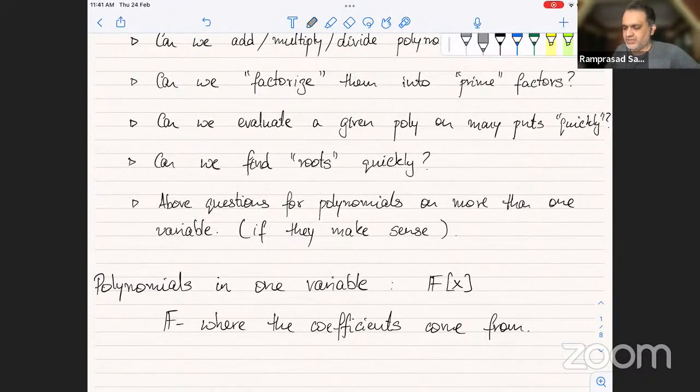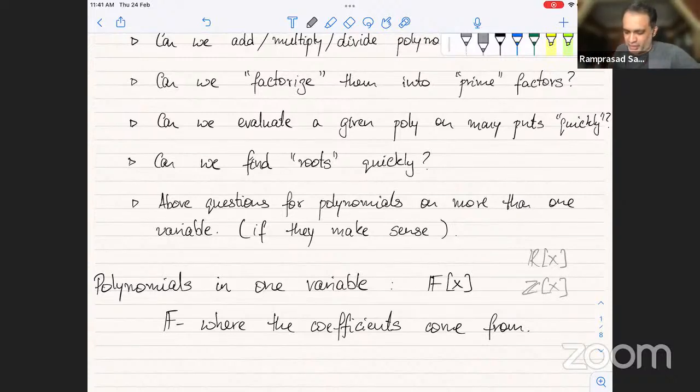For example, if you're thinking of polynomials in a single variable x, where all coefficients are real numbers, then you will think of that as R[x]. Okay. Or maybe you're interested in polynomials where all coefficients are, let's say, integers. Then you might think of it as Z[x]. Okay, so that's usually what it means.